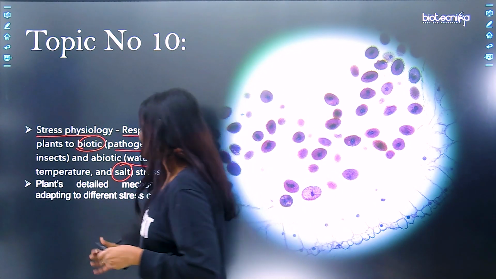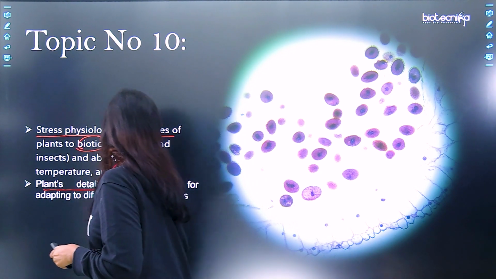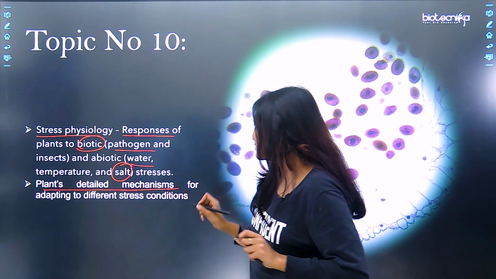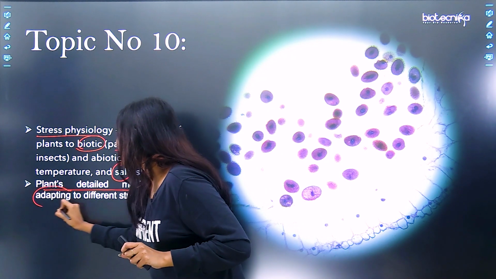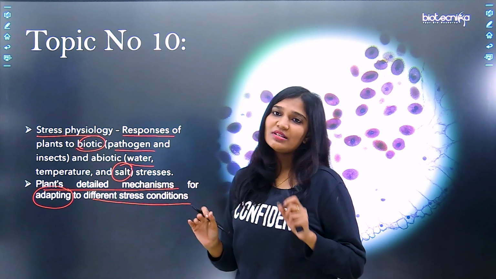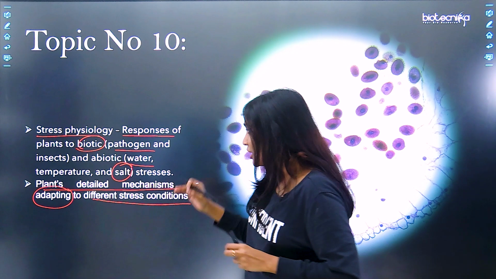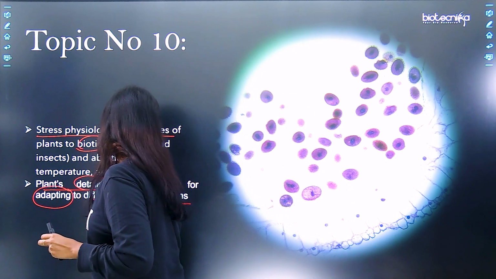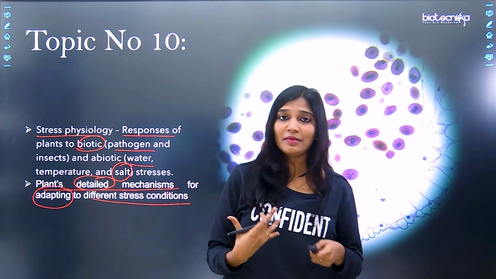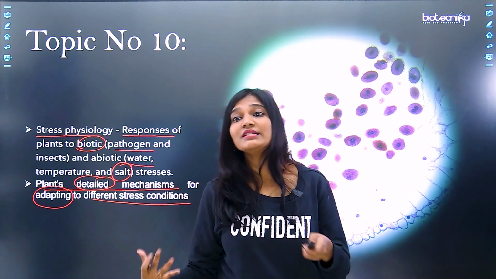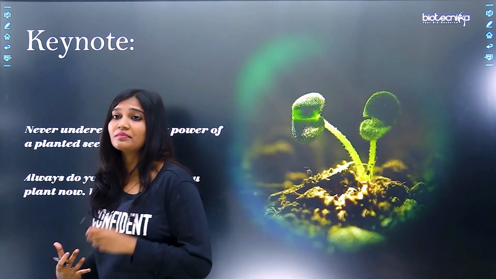So it's going to be stress physiology, and you have to study the detailed mechanism of how they adapt themselves to all the stress conditions. This is a very important thing. You should remember the detailed mechanism, how they take place, how they adapt themselves to all these stress conditions.